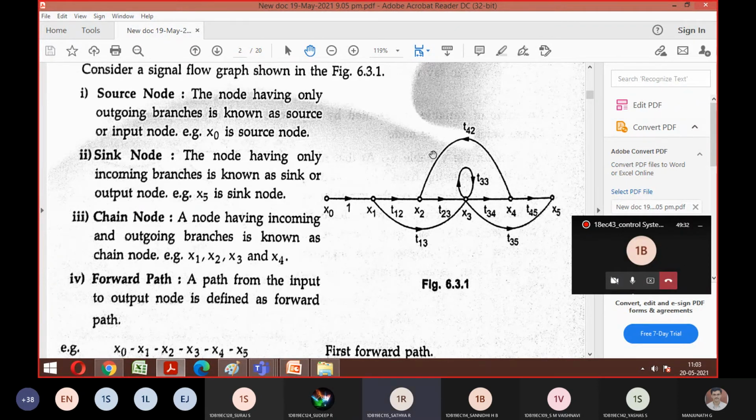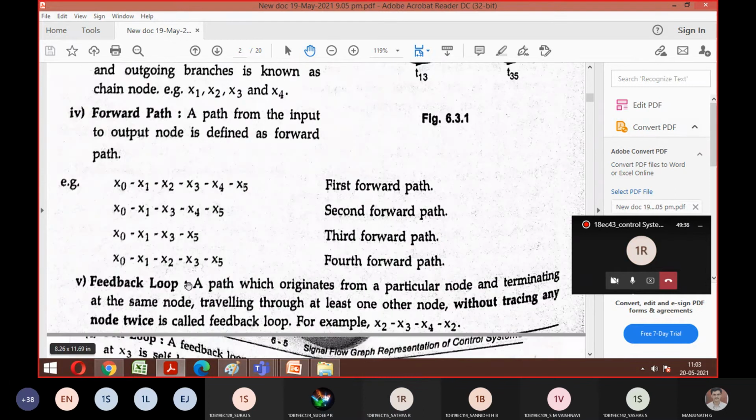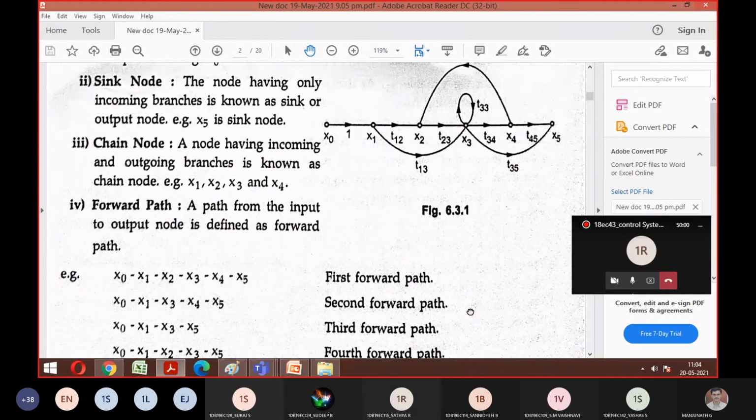So if you go with feedback loop, it means what? It originates from a particular node and terminates at the same node, traveling through at least one other node.